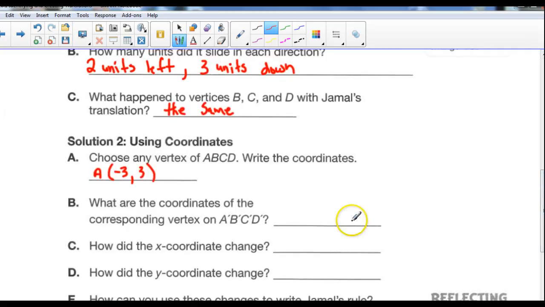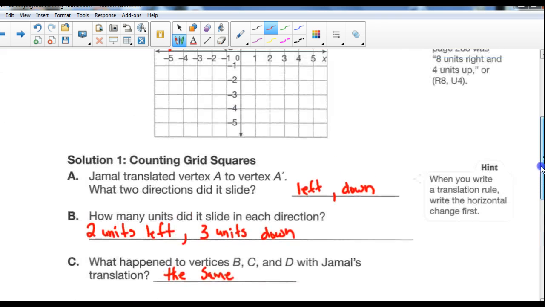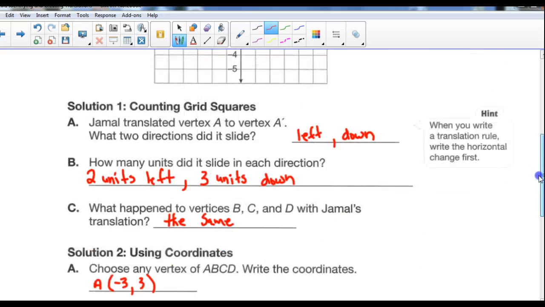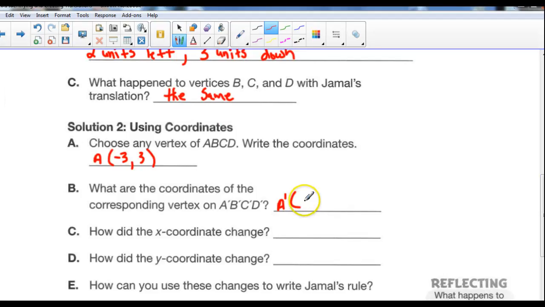Well, A prime is x is -5 and y is 0. We'll just do A prime, we won't do B, C, and D. Okay? You can do B, C, and D.